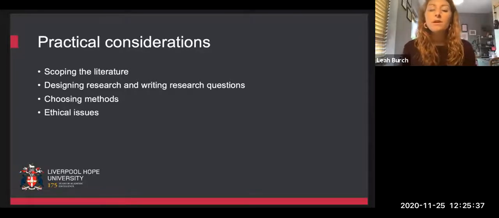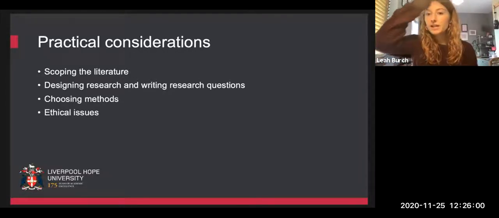Finally, we'll be thinking briefly about ethical issues. So ethical issues relating to the anonymity of people that we might be working with, protection against harm, ethical issues and considerations relating to the generation of knowledge. So how much does this reflect what we think is happening?